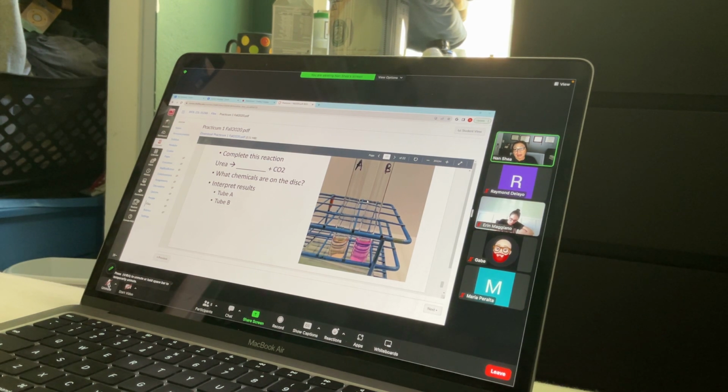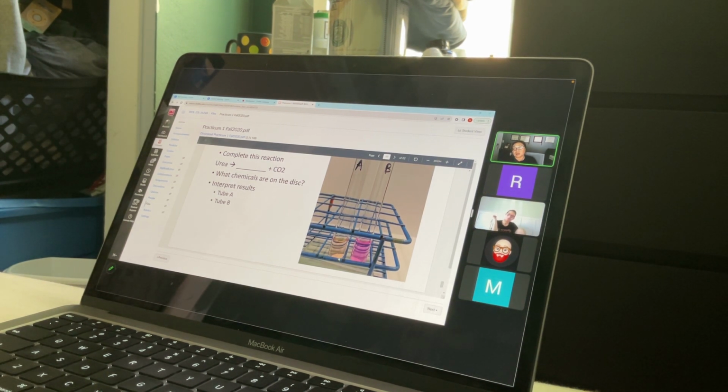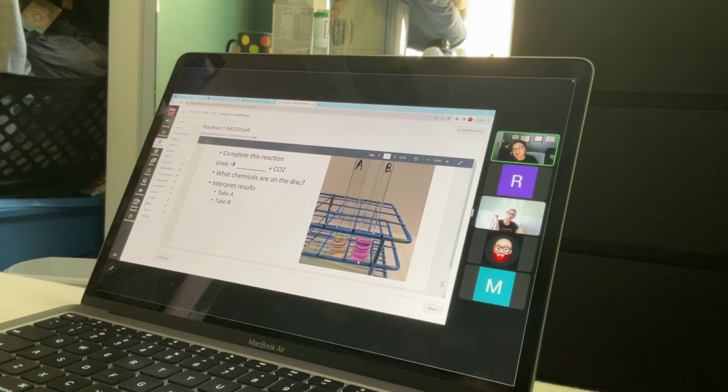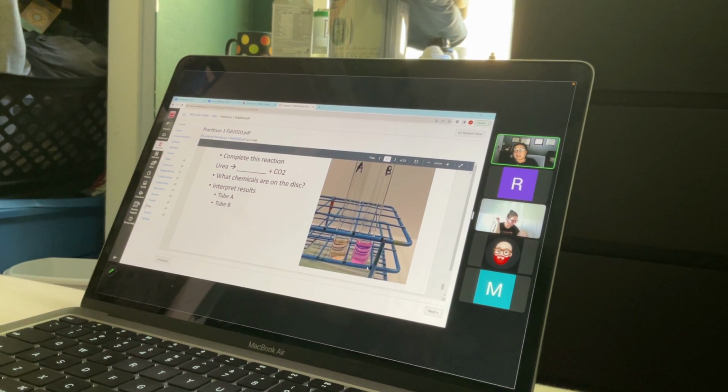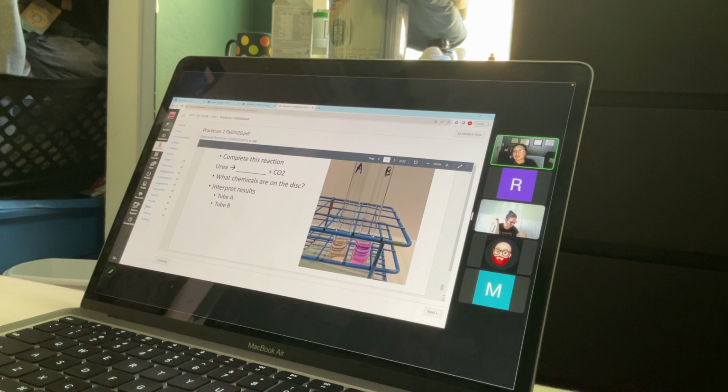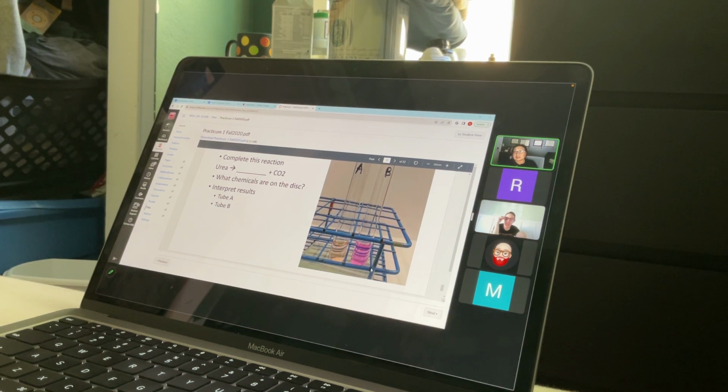This is old. This is way back when we were still able to purchase a disc. Similar to ONPG, this disc has an indicator on it. The indicator is phenol red, and this disc also has urea on it.